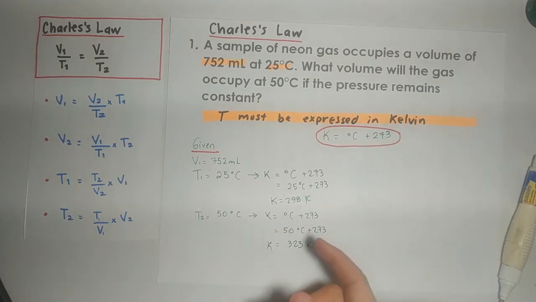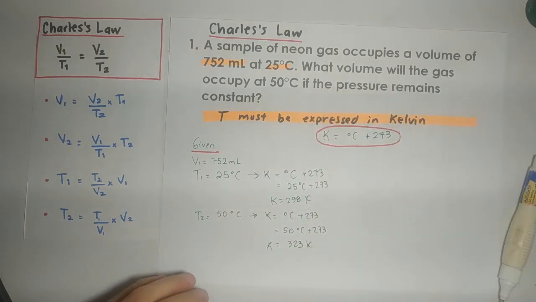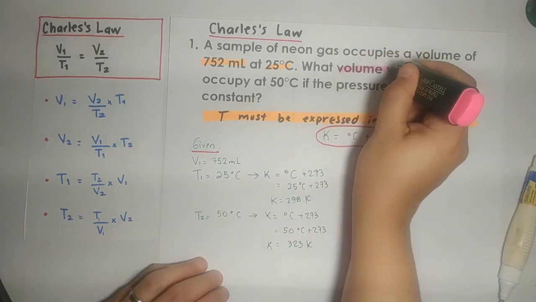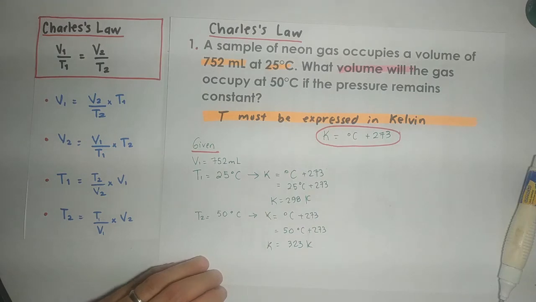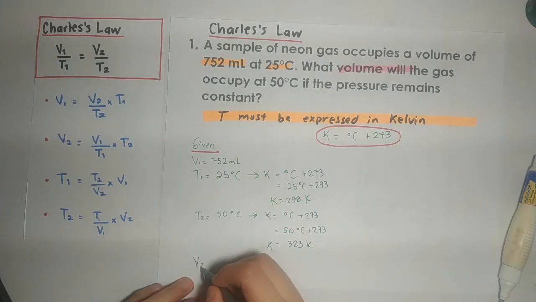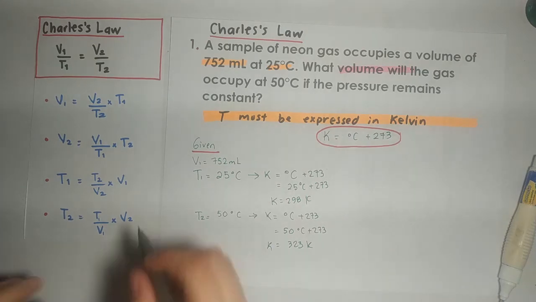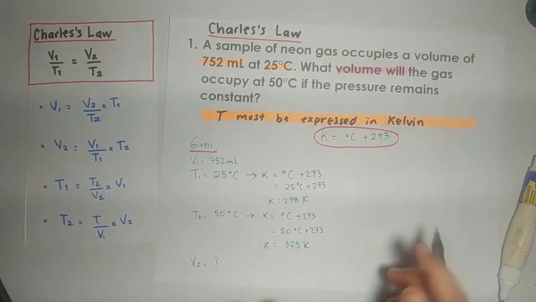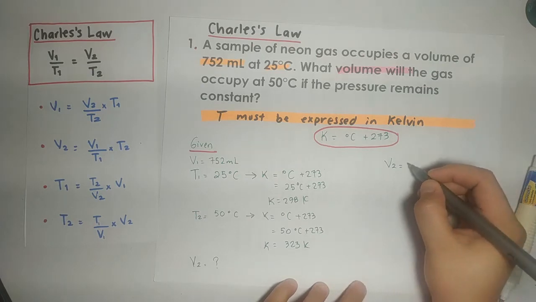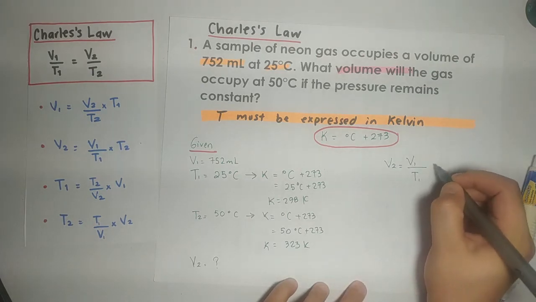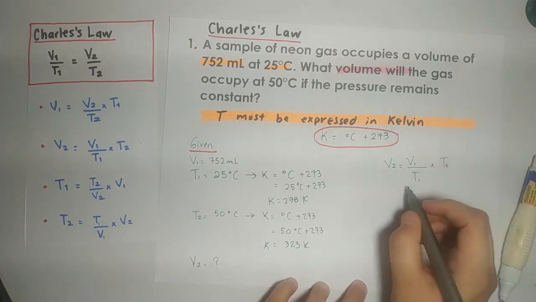So this will be my final temperature, and I need to find what volume the gas will occupy. So I need to calculate the final volume. For the final volume, I have the second equation right here that says volume 2 equals volume 1 divided by temperature 1 times temperature 2.